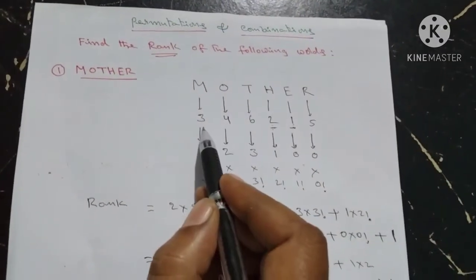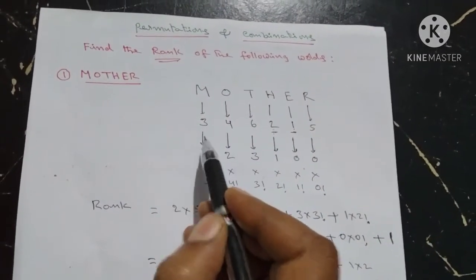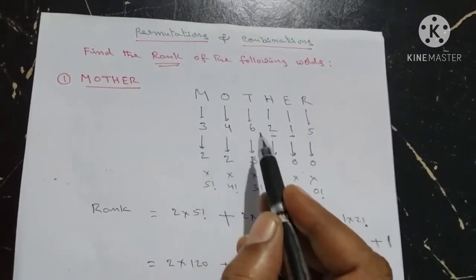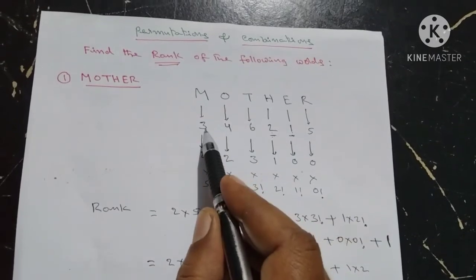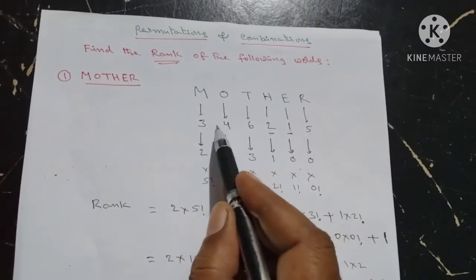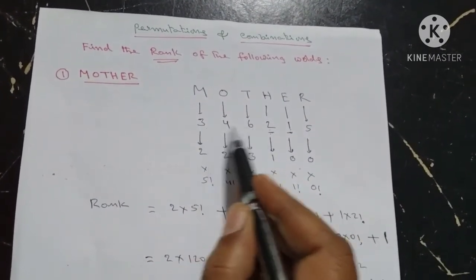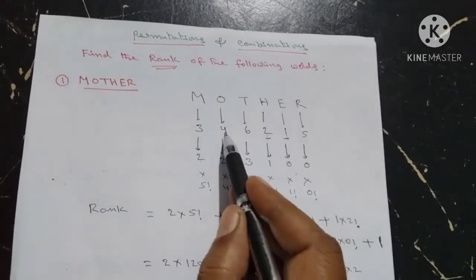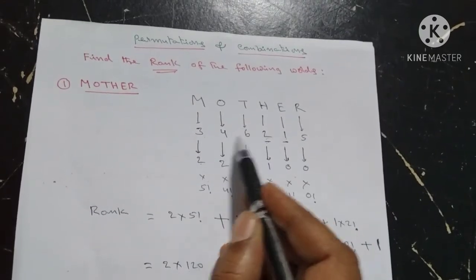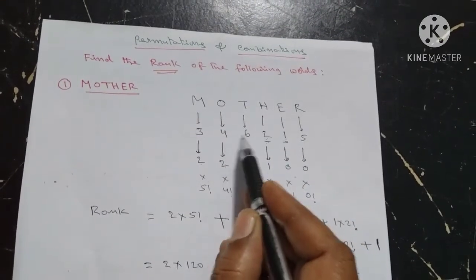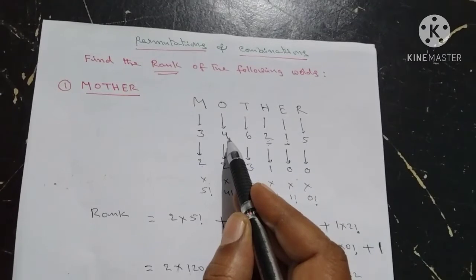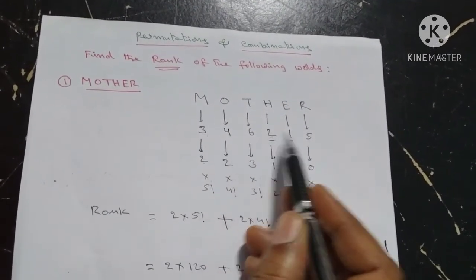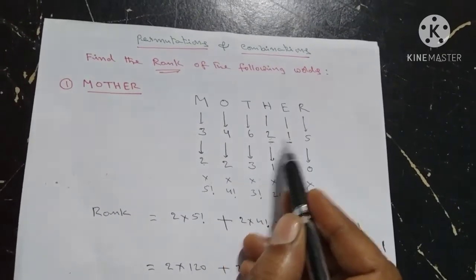Now for 3, the number of lesser values to the right side of 3: 1, 2, right, 2. For 4, the number of lesser values in the right side: 1, 2.